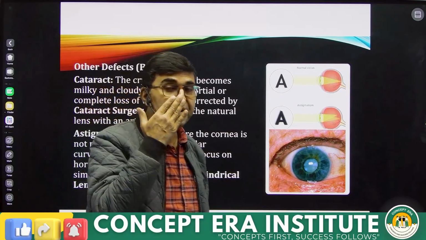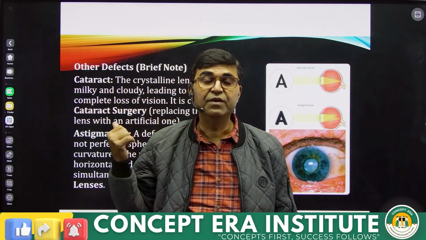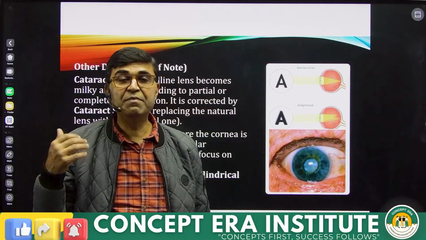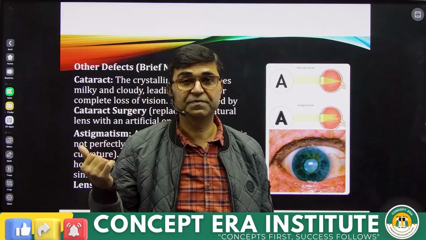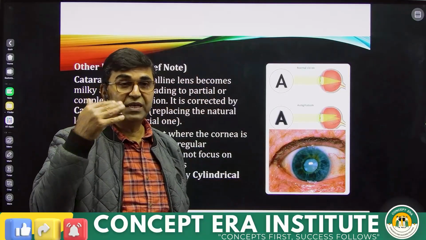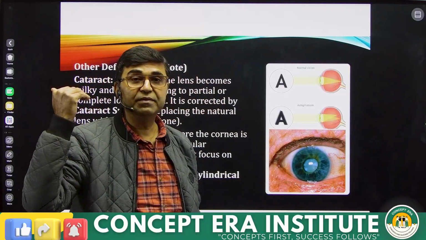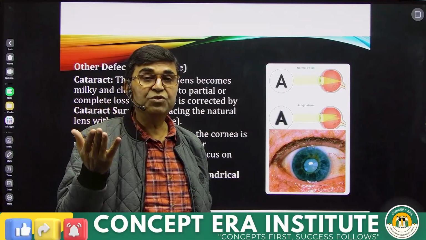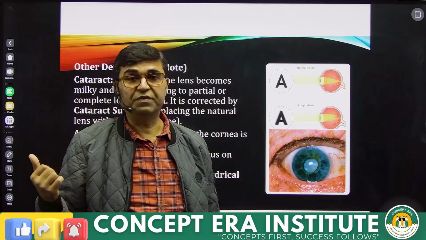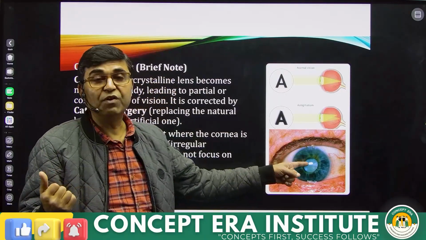Suppose I paint my specs with white paint. Will I be able to see? No. Will I be able to perceive light? Yes. We will know that it is light or dark outside around us, but we will not be able to see clearly who is in front of us. That's what we call a cataract.